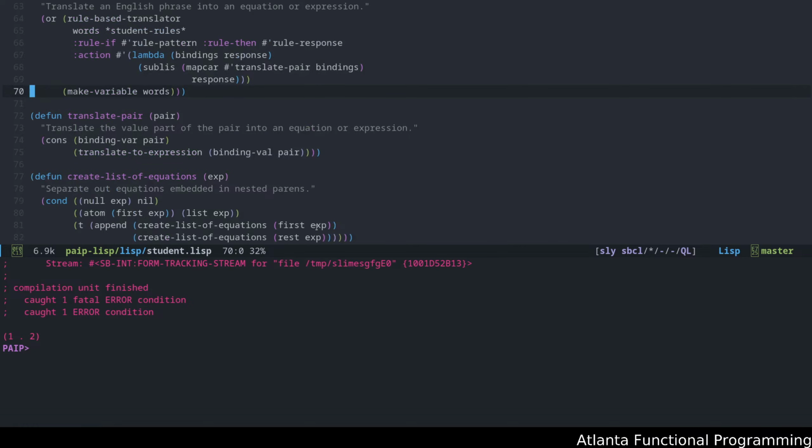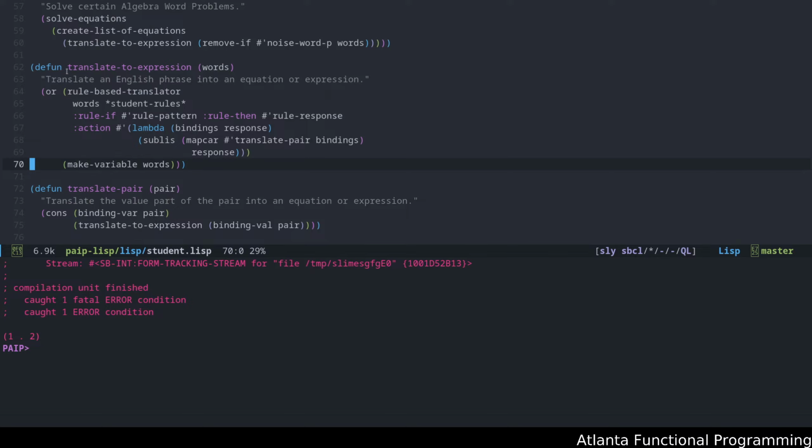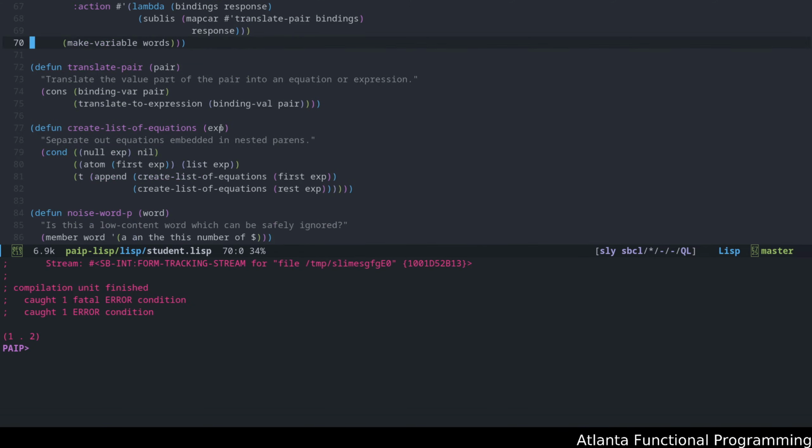The expression comes from the rule translator, which takes a set of words, and if they match one of the rule patterns, just like before, we create the translate pair bindings with the response we've encountered, and run substitution on it to replace the special variables, represented by the question mark, with the actual word we want to solve. You saw that earlier with the basic example I presented.